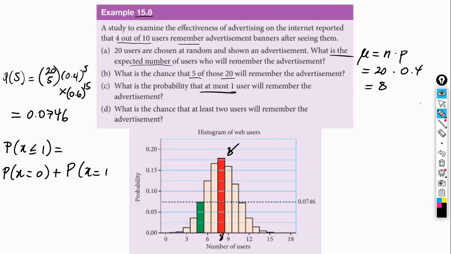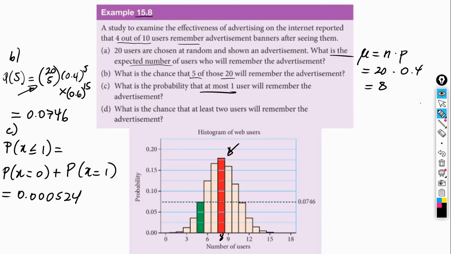So this is cumulative, right? So we can do this using this formula. I'll leave that to you. It should give you approximately 0.0000524. Okay, so this would be part B, and this is part C.